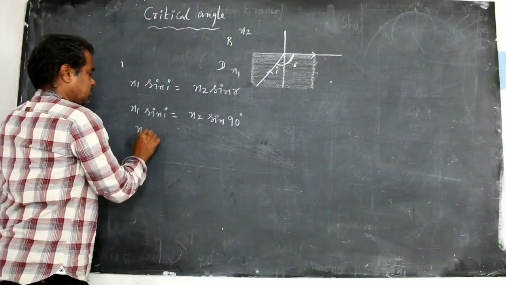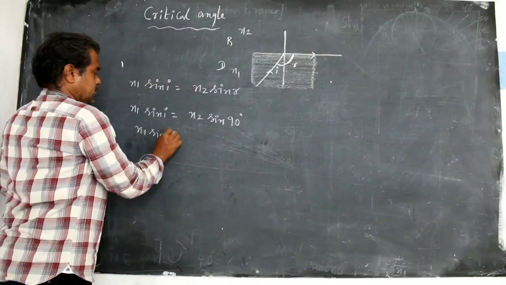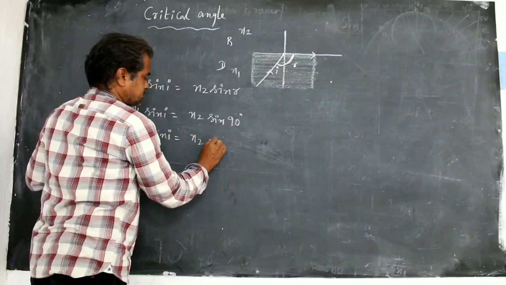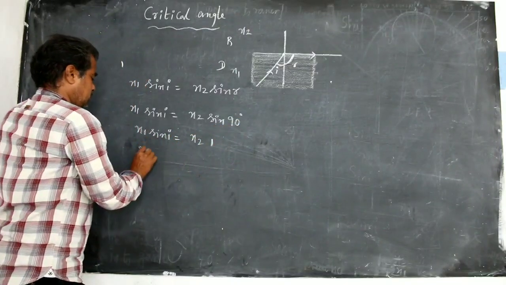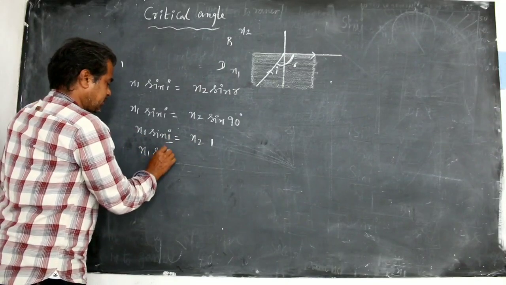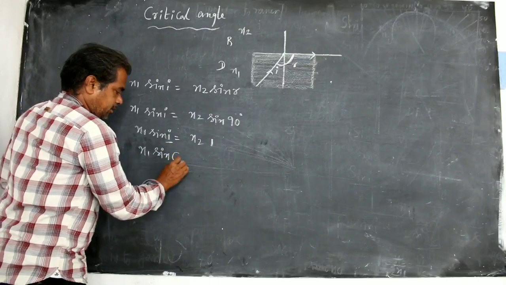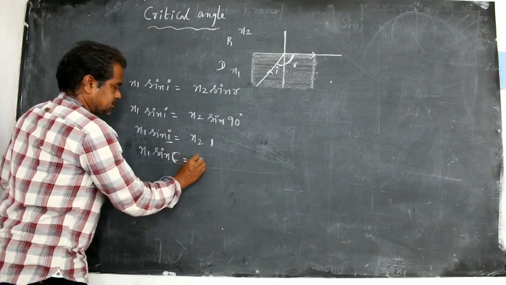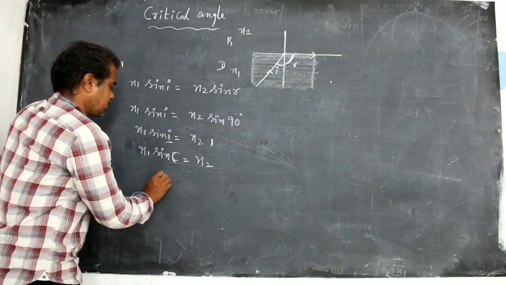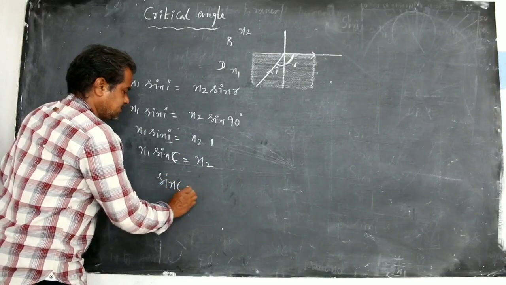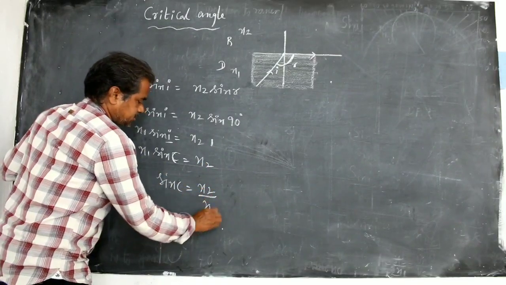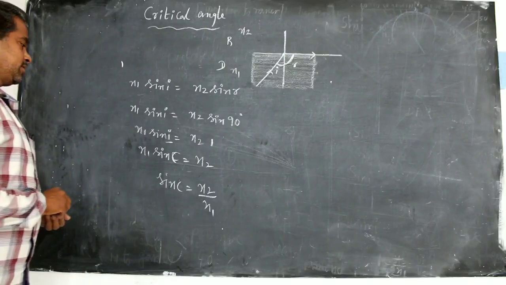So N1 into sin I is equals to N2 into sin 90, which is 1. Here this particular angle of incidence is treated as a critical angle, so we write it as C. Sin C is equals to, by getting cross multiplication, N2 by N1.